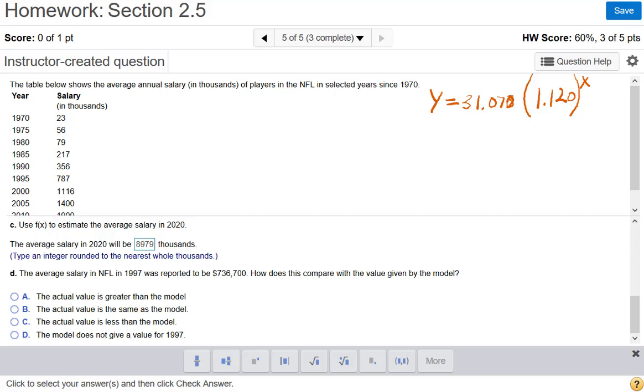Again, I won't make you watch me type this because it's like what we just did, but 1997 would be 27 years, so we want to use x equals 27 and find out what the model says.